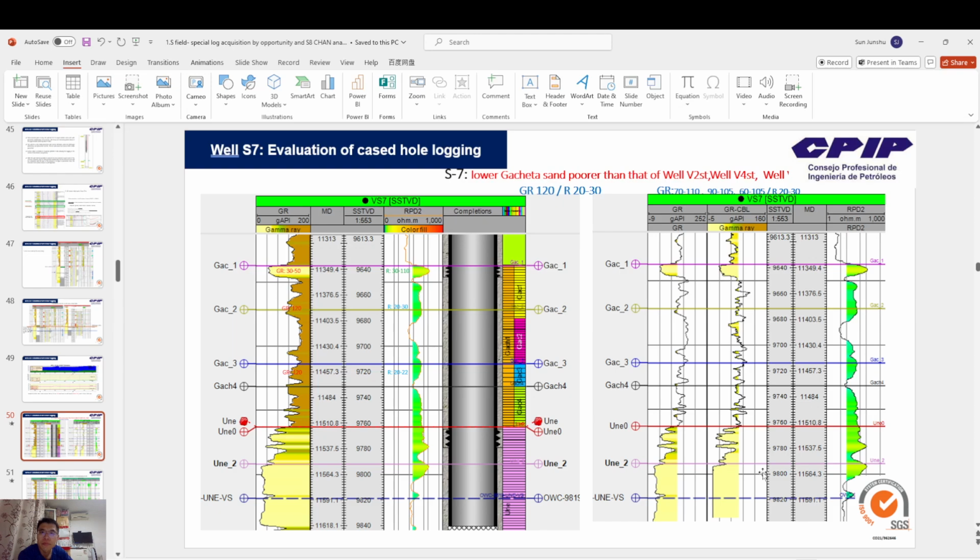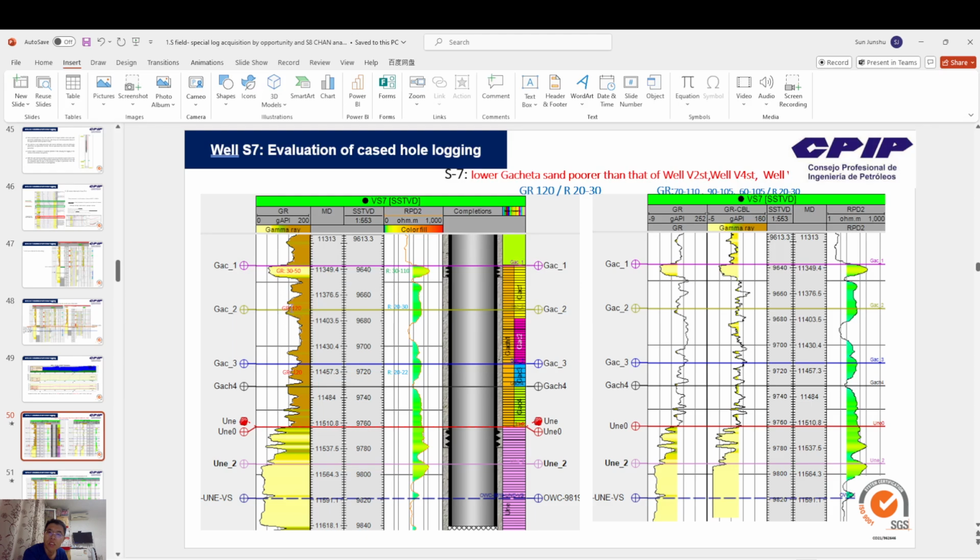So S7, the lower Gogeta. The sand is poorer than the well V2 sidetrack, well V4 sidetrack, with the gamma 120 and resistivity ranging from 20 to 30.